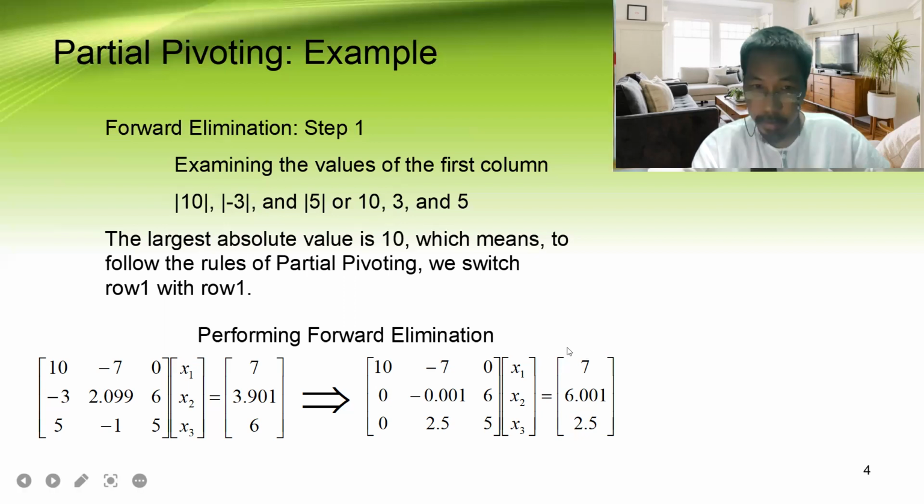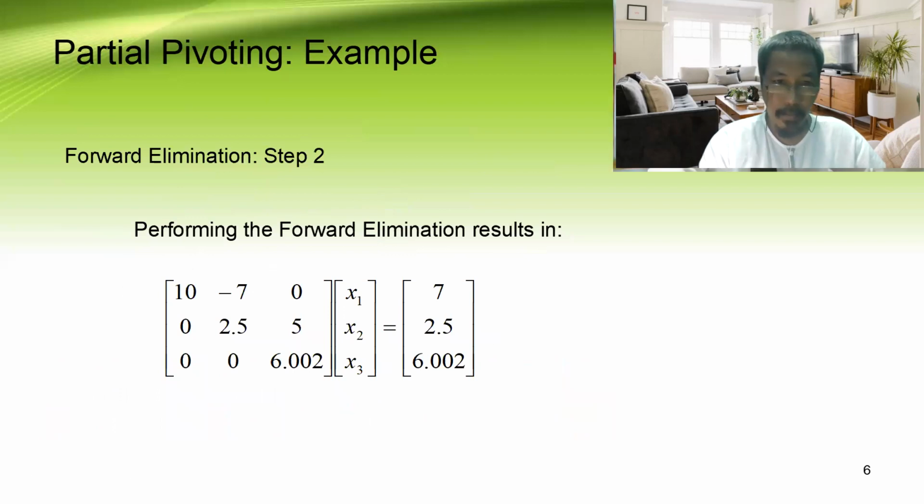So we need now to eliminate the second term coefficient of one of the equations. In this case, we will select, because we have to compare this one and this one. So let us continue forward elimination.